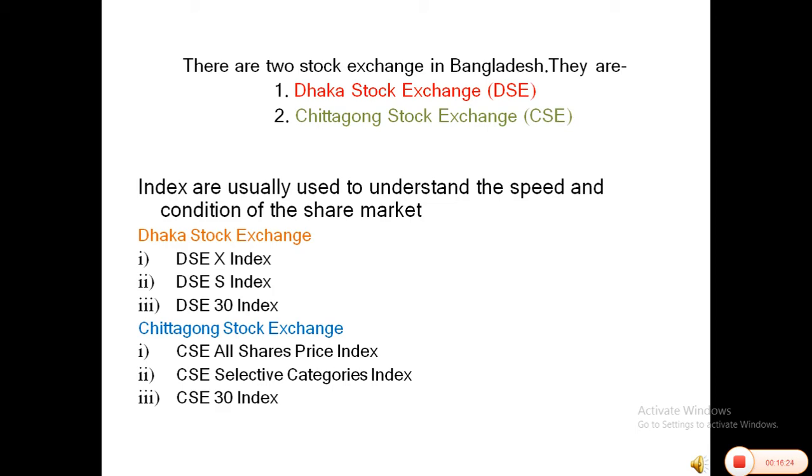Second, DSES index. Third, DS30 index. Some indexes are used in Chittagong Stock Exchange. First, CSE All Shares Price Index. Second, CSE Selective Category Index. Third, CSE 30 Index.